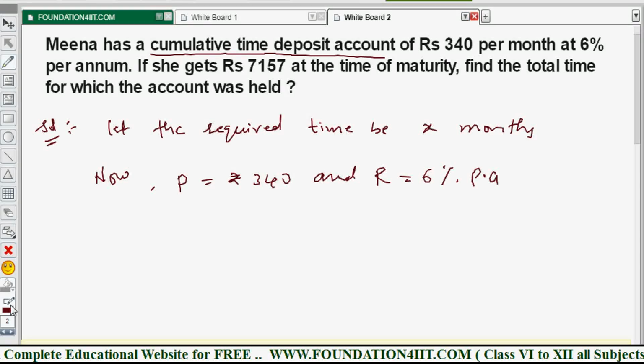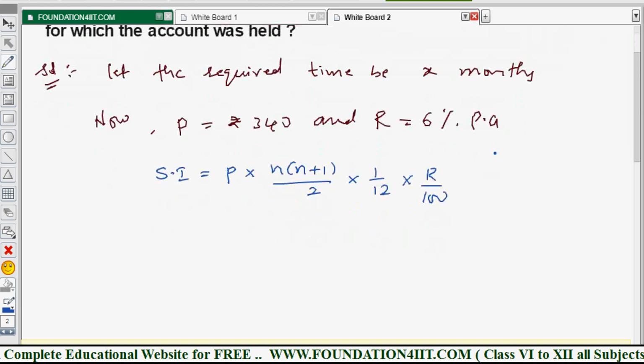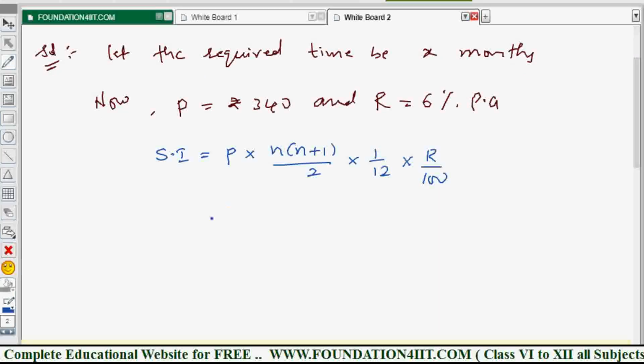We know the simple interest formula, that is P into n into (n plus 1) divided by 2, into 1 by 12, into R by 100. In this formula, we'll apply the data. The principal is 340 into (n plus 1).